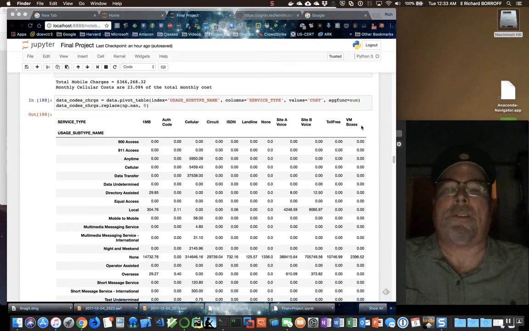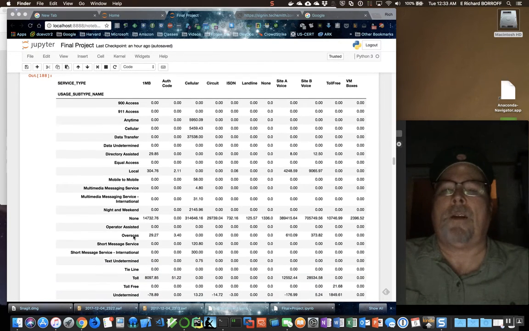Here are the major service types that appeared on the bill with the various subtypes that were part of them. As you can see, data transfer was the largest named part of the cellular bill, but the unnamed, unclassified portions of each of these charges were by far the largest part.